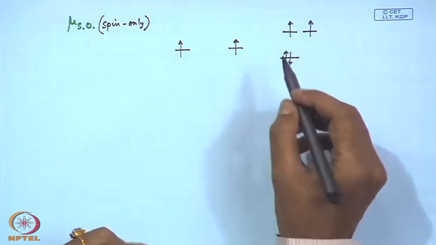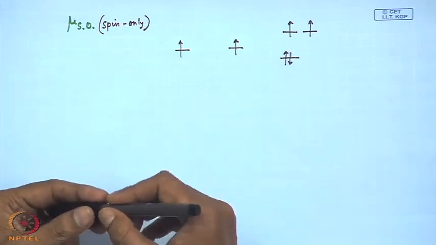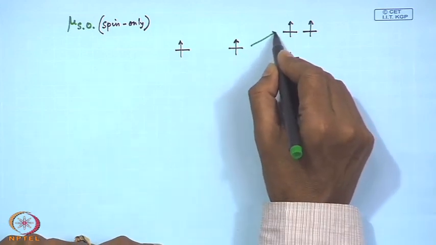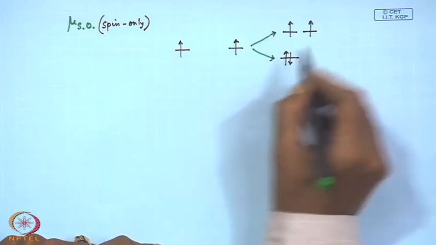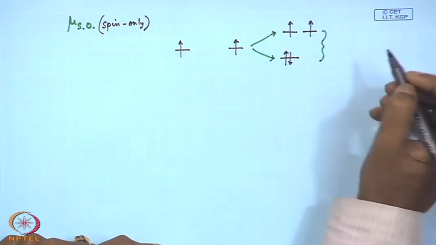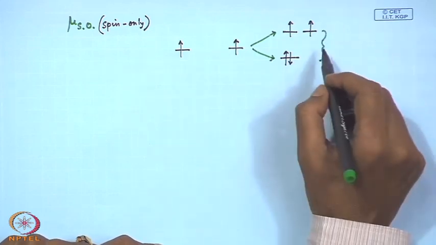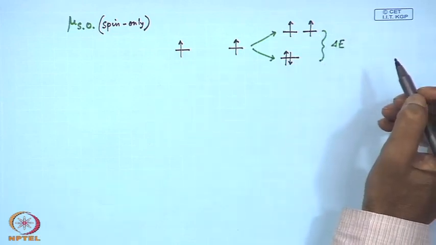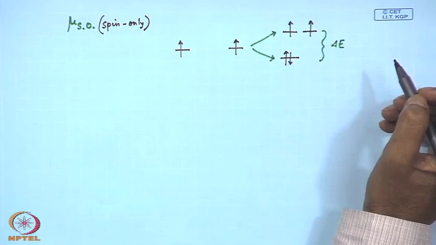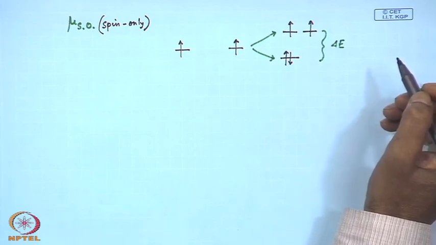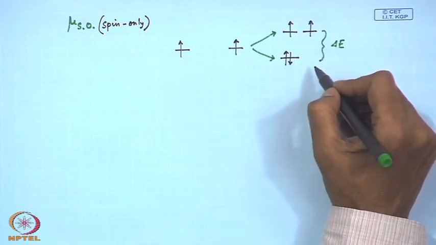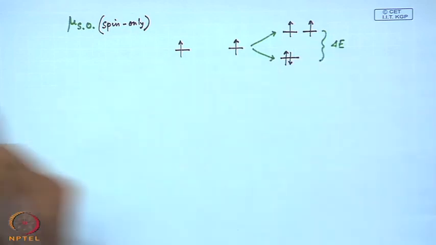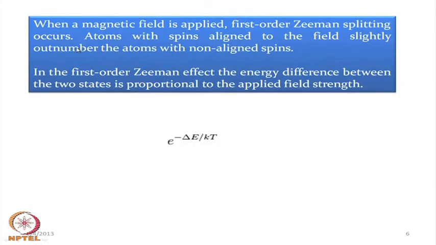Such unpaired electron distributions give rise to different forms, and these can have some energy gap, which can be considered as delta E, due to the different arrangements for species having different numbers of unpaired electrons. So, these levels are what we consider the corresponding Zeeman levels.